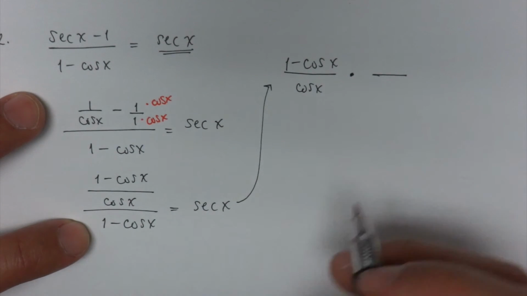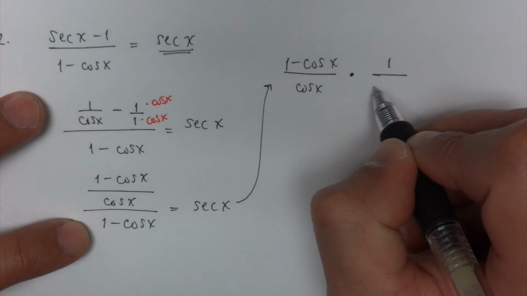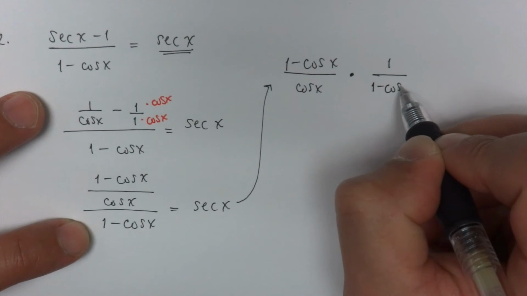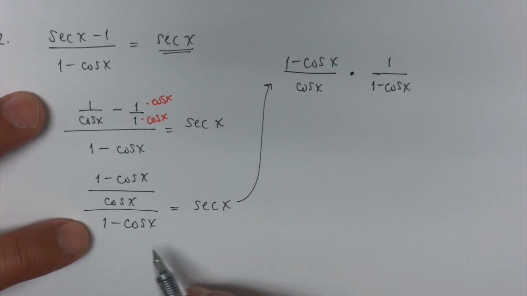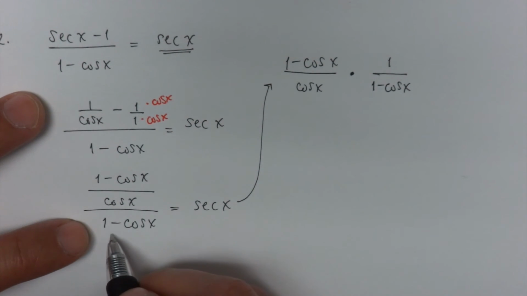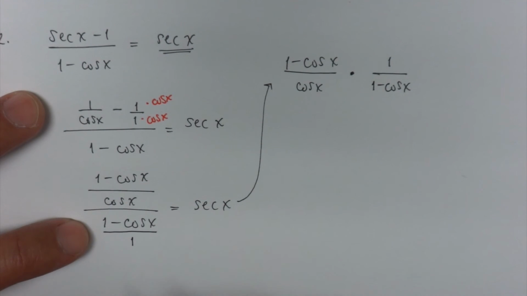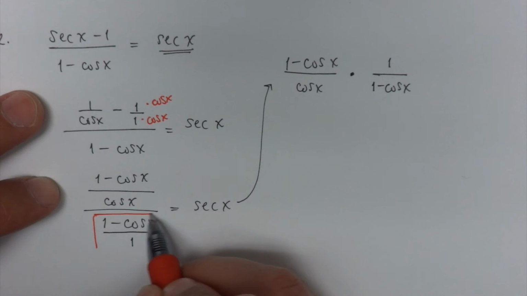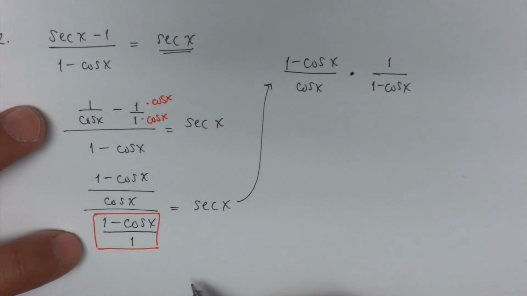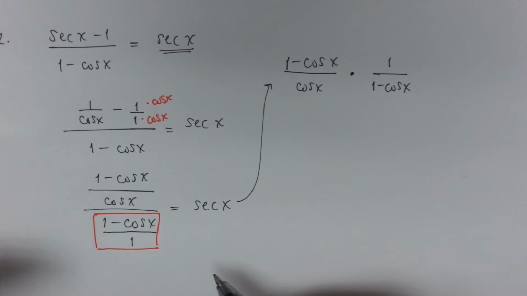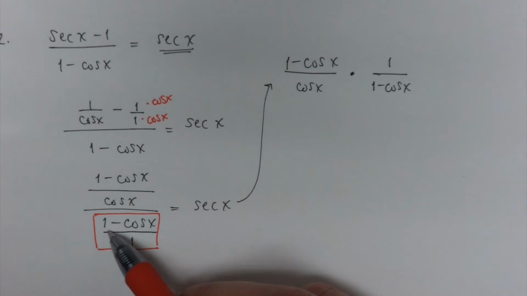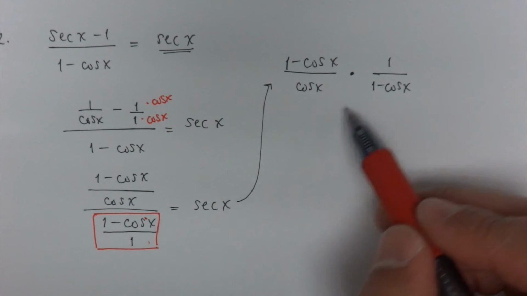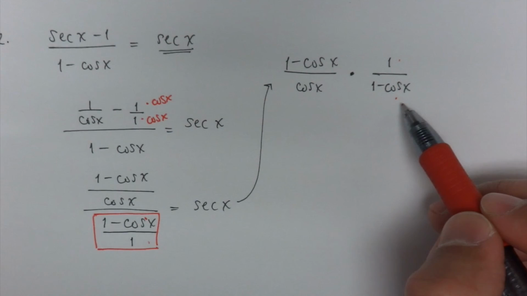Well, it's 1 over 1 minus cosine x. Okay? So the other way you can think about it, if you want to put a 1 underneath. And what you're going to do, you're going to take this guy here, and all you're doing is the reciprocal. I know students like to call it the flip, but it's not correct. It's the reciprocal. So you just do 1 over 1 minus cosine.